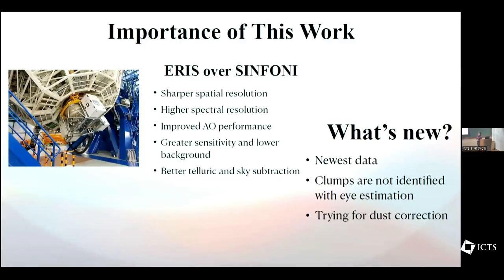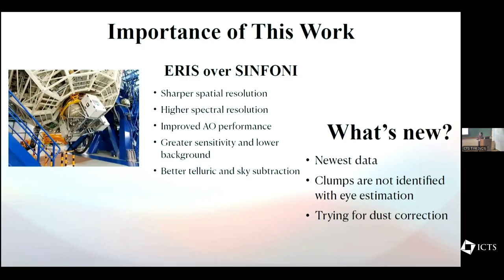Also, it's a clumpy galaxy, as I already stated, but in all the other works the clumps were previously defined by eye estimation. There is no actual identification of how to define the clumps.